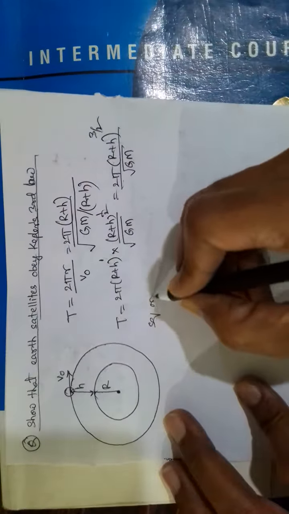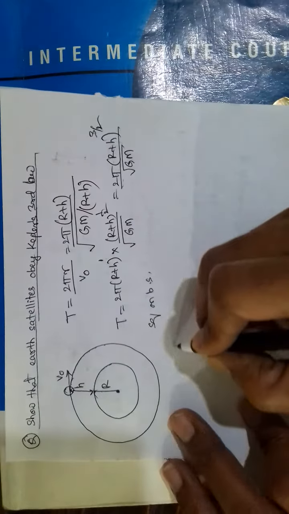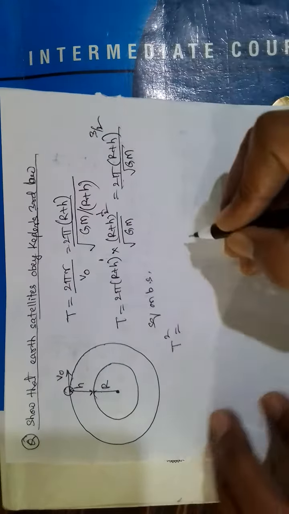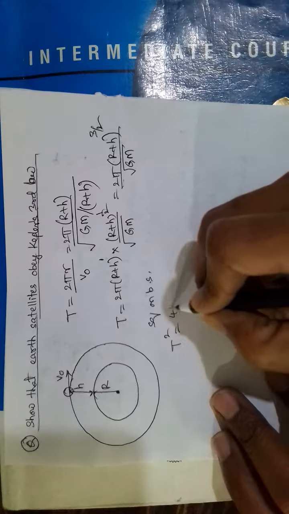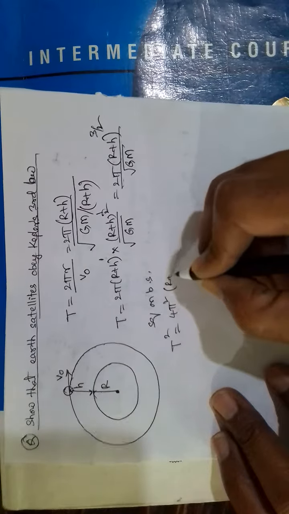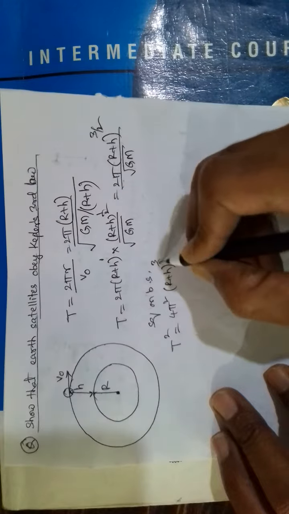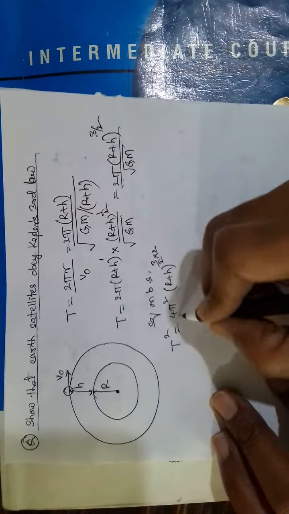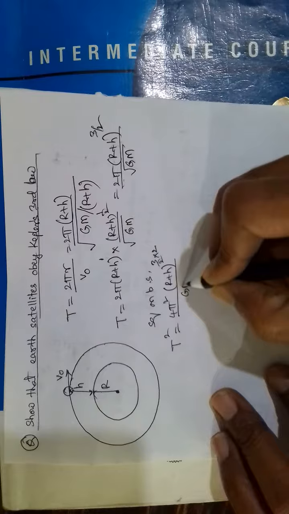Squaring on both sides, T square is equal to 4 pi square, (R plus h) to the 3 by 2 squared, by GM.